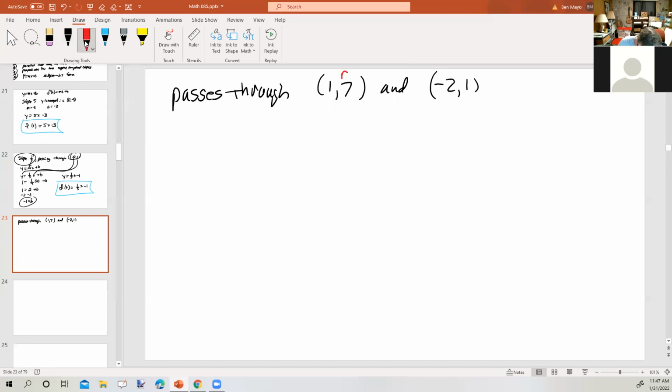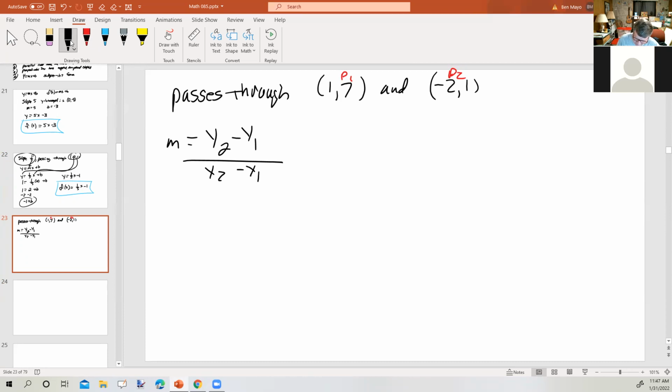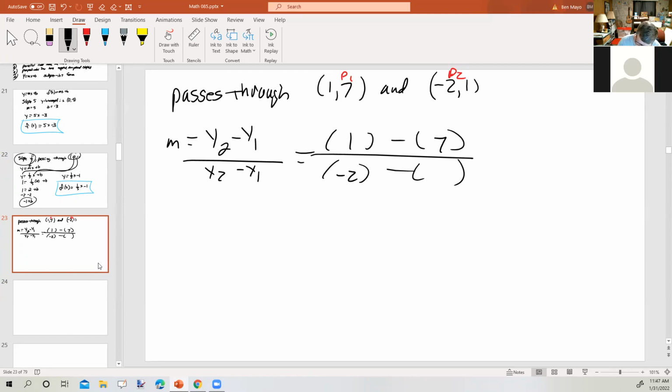However, if we call this point 1 and this point 2, we could use the slope formula to find the slope of the line passing through those 2 points. y sub 2 is 1, y sub 1 is 7, x sub 2 is -2, x sub 1 is 1. 1 minus 7 is -6, -2 minus 1 is -3, -6 divided by -3 is 2. So the slope is 2.